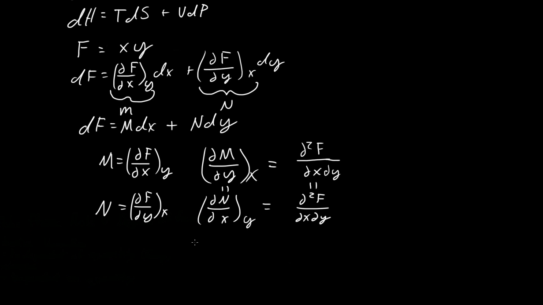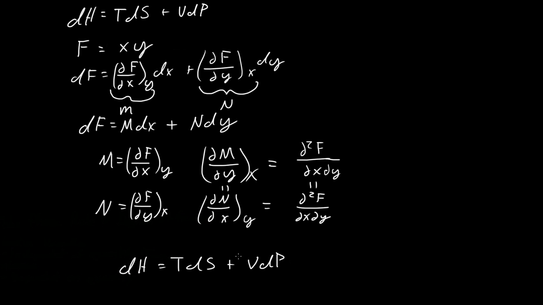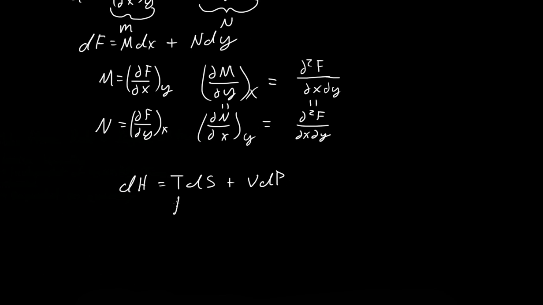So then if we had the original equation, dH is equal to T dS plus V dP, and we said that this was M, this was N, this was X, and this was Y, and we plug that back in, what would we get?